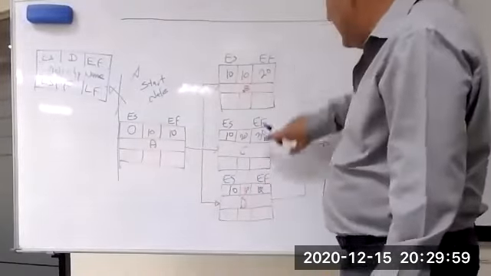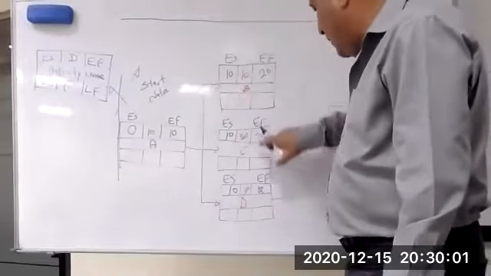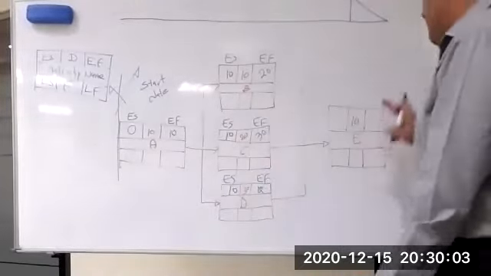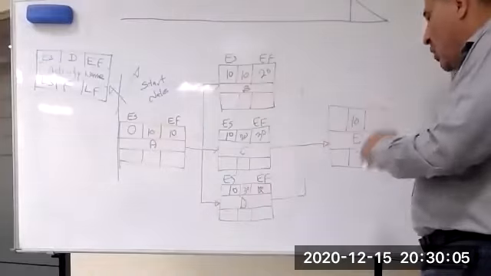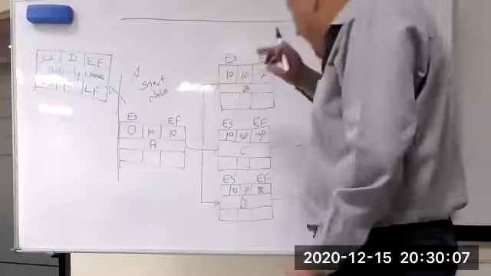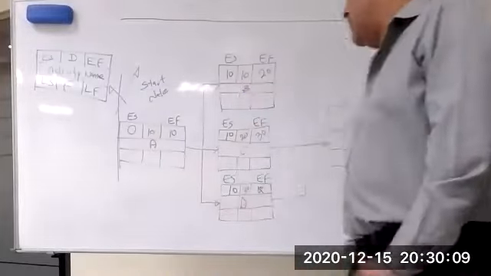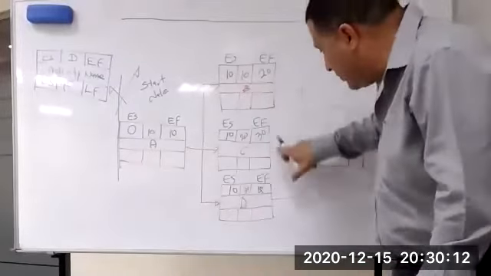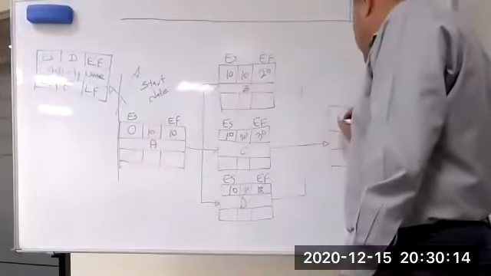B, C and D have one successor, which means it will start at the highest early finish. Where is the highest early finish? 1, 2, 3. The highest is 40.